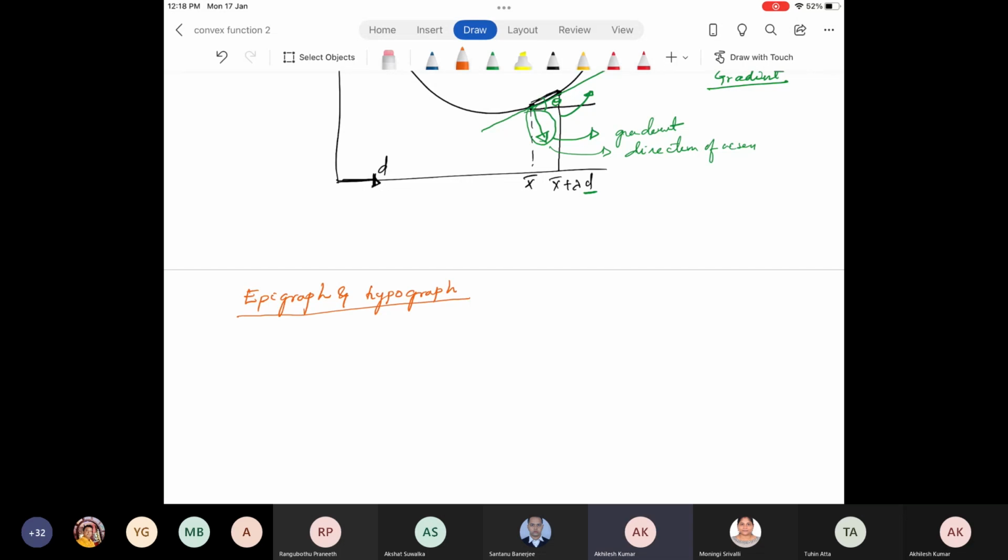Who has said this term when we were discussing how to say if a function is convex or not? Sir, this is Abhijit. I told about the epigraph. Okay, so epigraph and hypograph. When we started with Jensen's inequality, I didn't discuss this part because epigraph and hypograph become really important in terms of subgradients. So now we will talk about epigraph and hypograph.